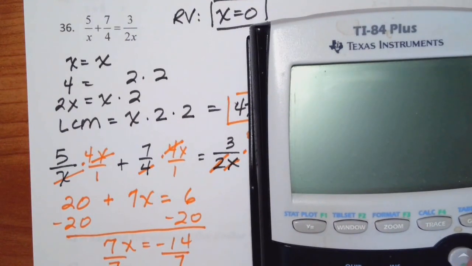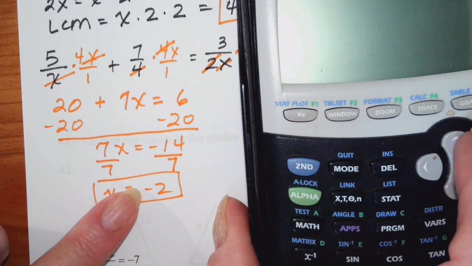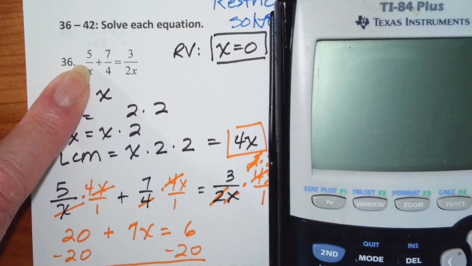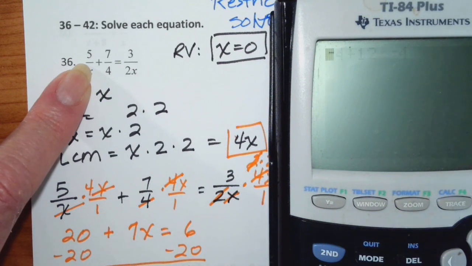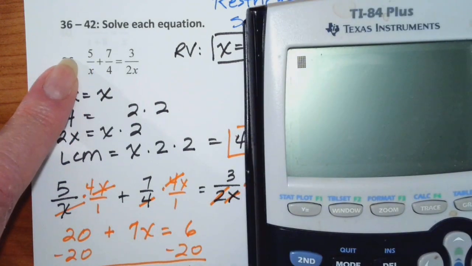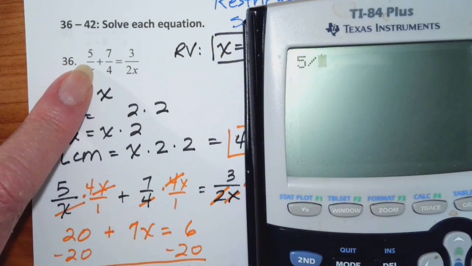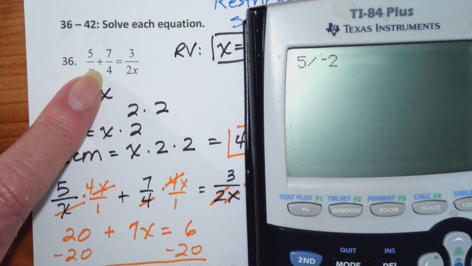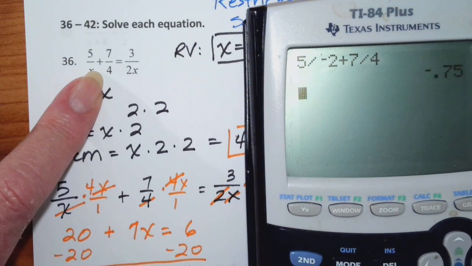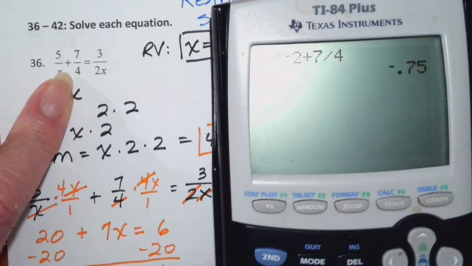Now to check it, I would just do this in my calculator. Okay, so I want to see if x is negative 2, this is a true statement. So I'm going to clear my calculator, and I'm going to put in 5 divided by negative 2 plus 7 divided by 4, and that equals negative 0.75.